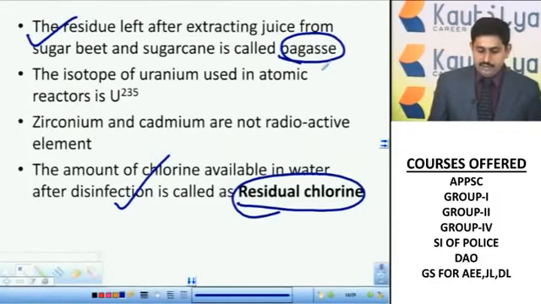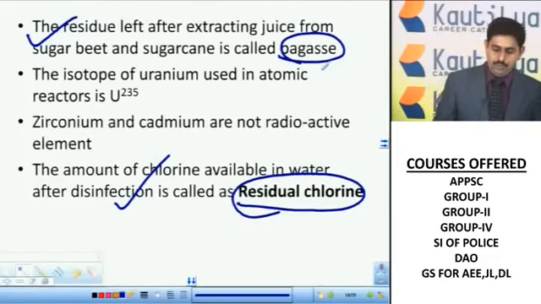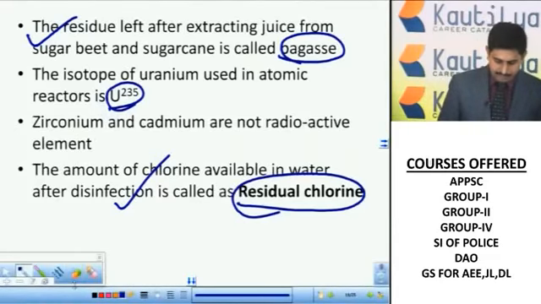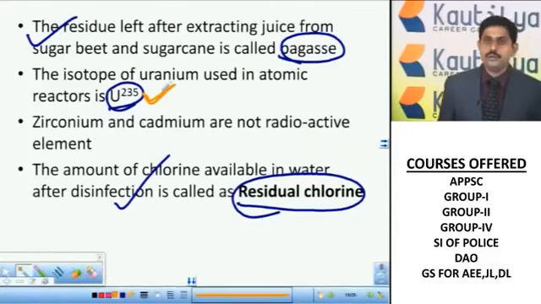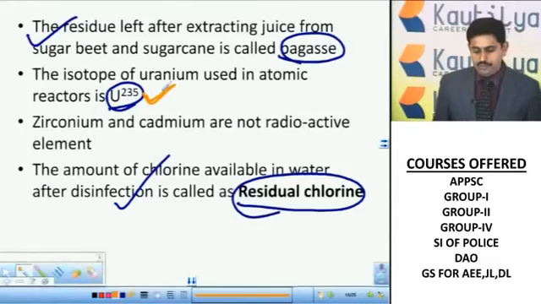Then the uranium isotope U-235 is used in atomic reactors, right? So you may be asked the question, which isotope of uranium?